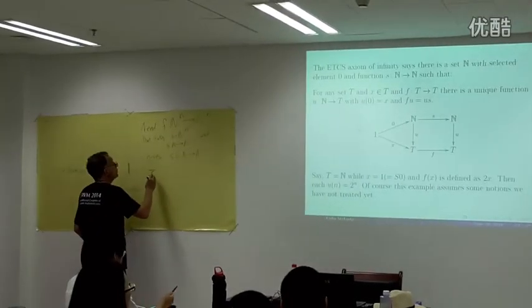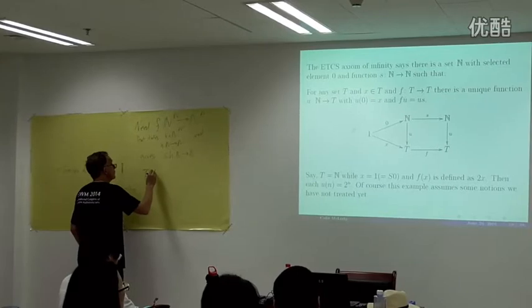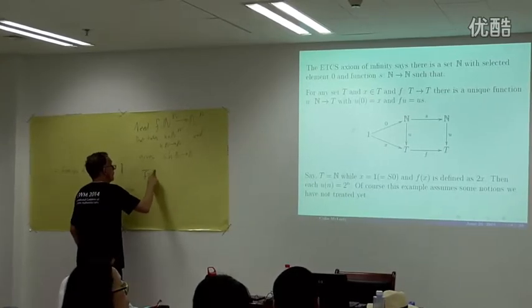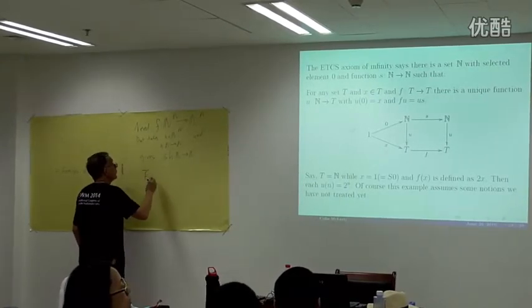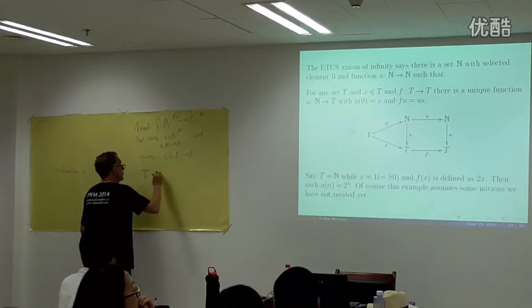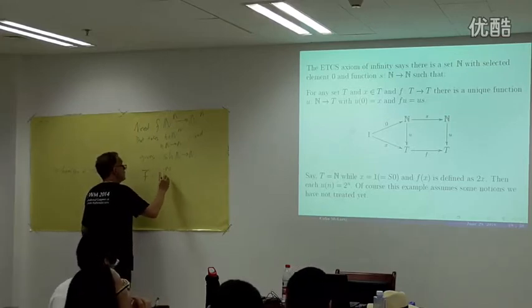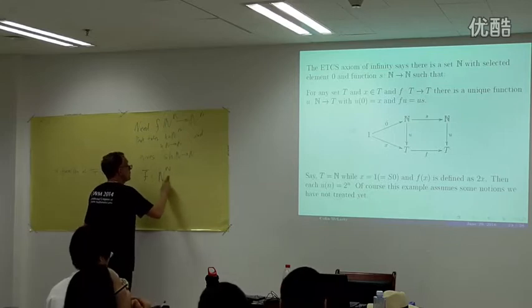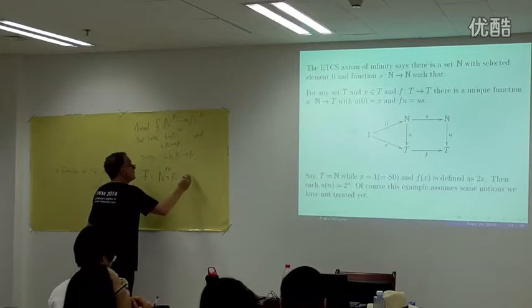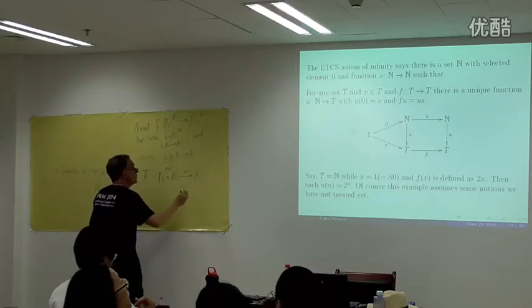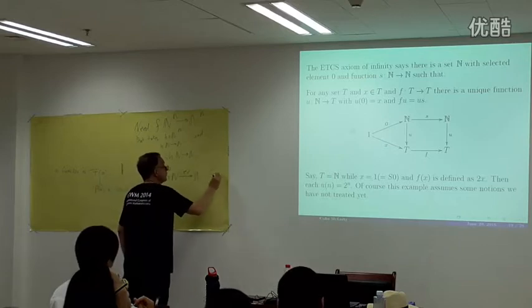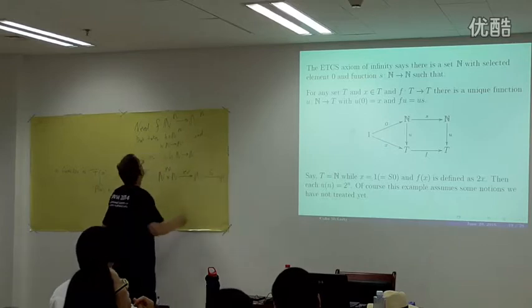So that's what I do over here. F transpose equals, take n to the n, cross n, evaluate, that gets us to n, and now take the successor function to n.